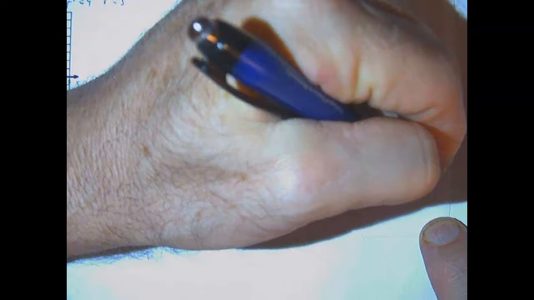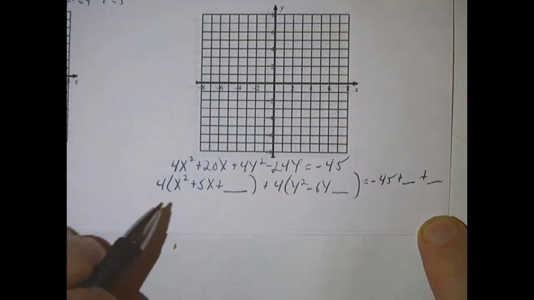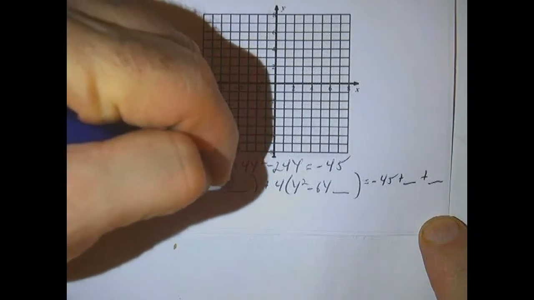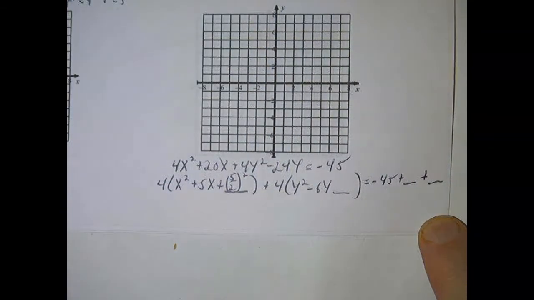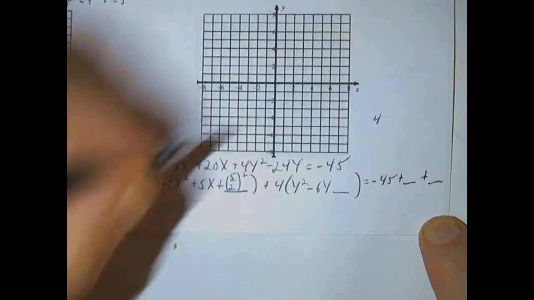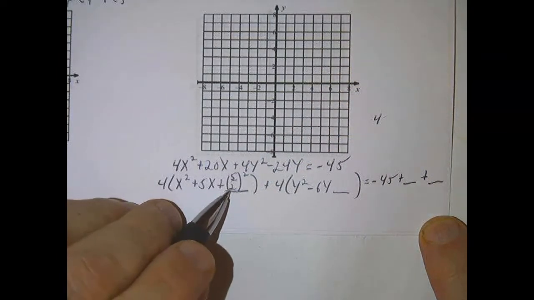So what are those numbers? This one unfortunately is odd, so we have to take that as 5 over 2 squared, which after you've practiced a little bit is not too bad. That's 4 times 25 over 4.